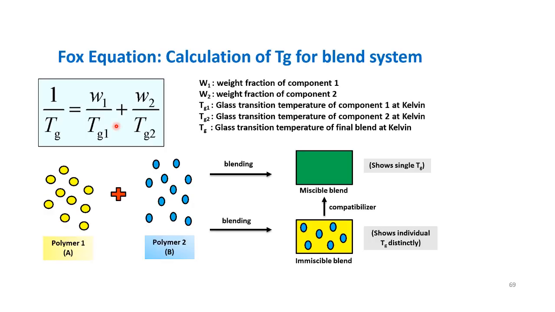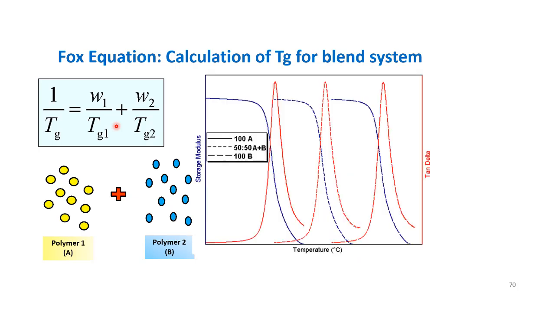Then again, the Fox equation can be used if we are blending two polymers. For the DMA calculation also, this Fox equation will be helpful to get the glass transition temperature of our polymer. So here, for the 100% A, the glass transition is somewhere here, and for the 100% B, the glass transition is somewhere here, and for 50-50 percent of A and B, the glass transition will shift somewhere in the middle.